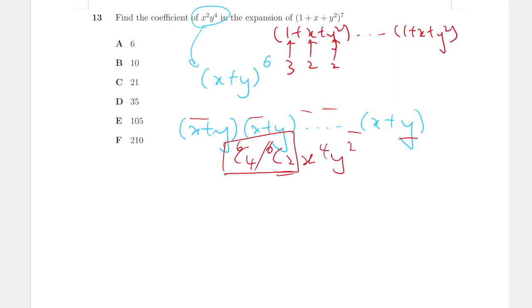So there are 7 brackets. How many ways can I choose my y squareds? For example, the y squared could be in the first and second bracket, first and third, first and fourth, and so on. How many ways? Have a think. It will be 7 choose 2, right? You have 7 slots, essentially, and you're choosing 2 slots for the y squareds to be. So 7 choose 2. Good. Now how about the x's?